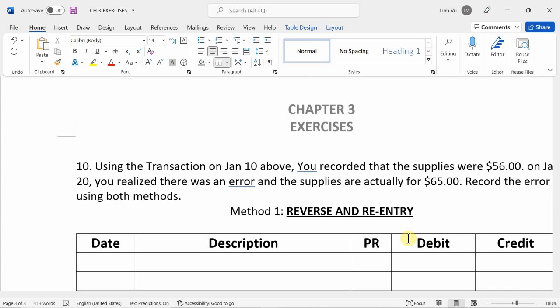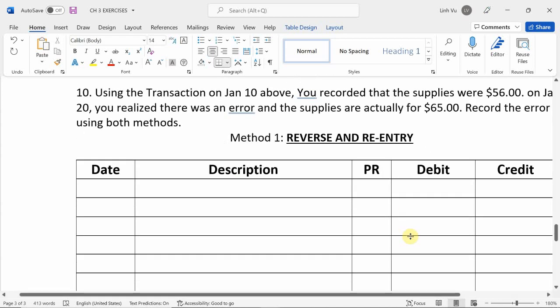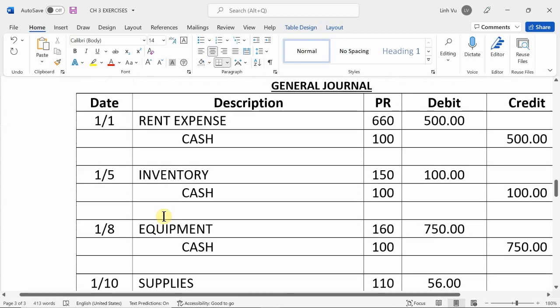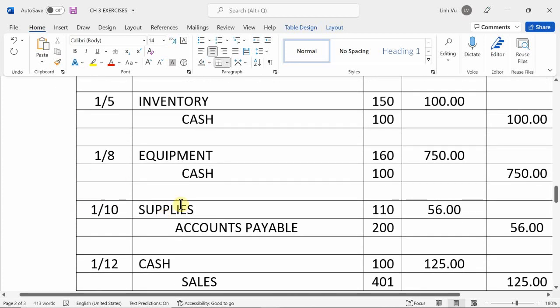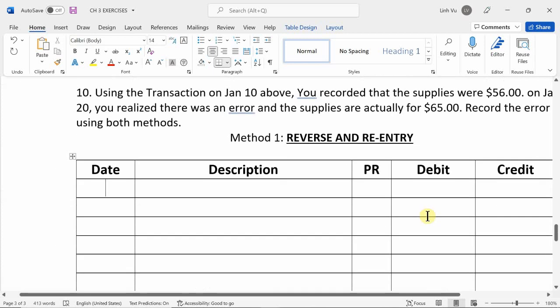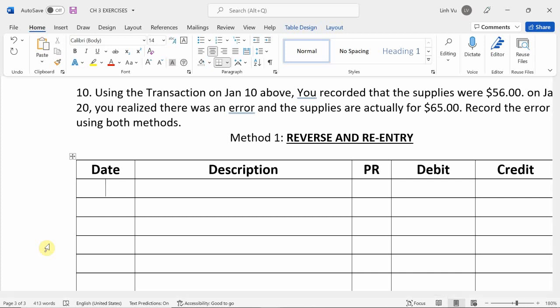Record the following correction error using both methods. The first one is going to be the reverse and reentry. So on January 10, I recorded that I bought supplies on account for $56. But in reality, that was wrong. It was for $65. So how do I fix this? Using the reverse and reentry.